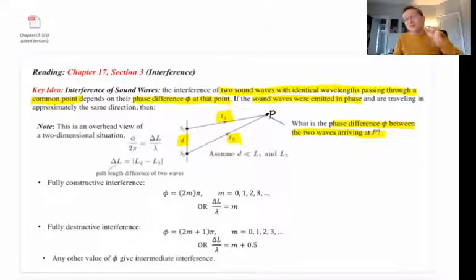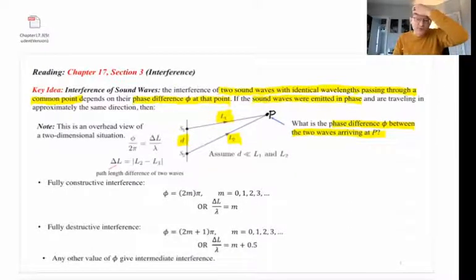And if those distances are different, then that can cause the waves to be shifted from each other when you look at point P. The difference in distance that they travel, L1 and L2, to get to point P, is called a path length difference. So you can get a phase difference between the two waves at point P merely from a difference in distance traveled from the respective source to point P, a path length difference.